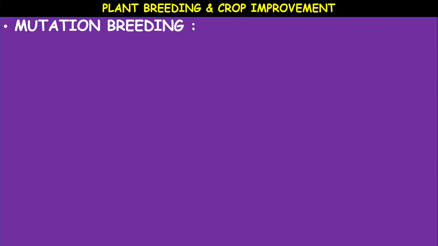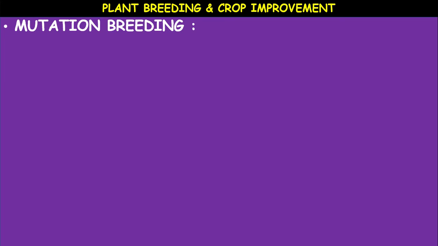This process is called mutation breeding. For example, in mung bean, resistance to yellow mosaic virus disease and powdery mildew disease were induced by mutations.